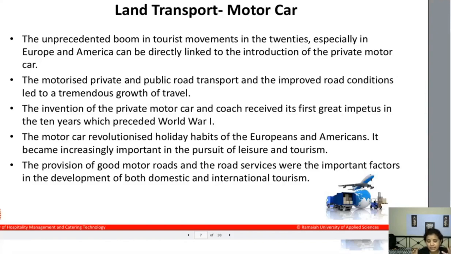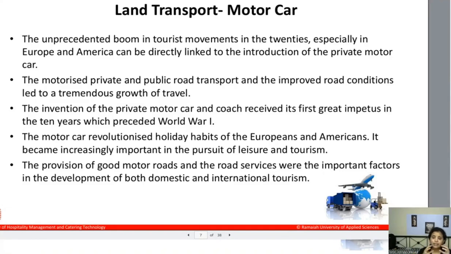The next major contributor in land transportation is the motor coach. The development of the motor coach in 1839 was the biggest achievement. Its invention was highly credible because people started moving from one region to another using land as a medium through the motor coach.